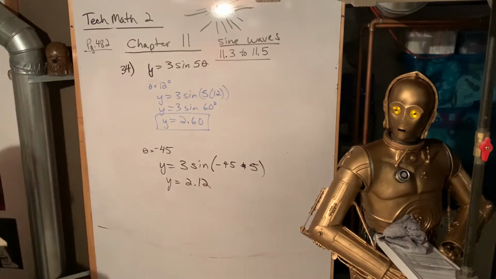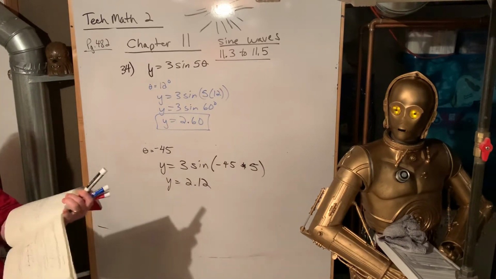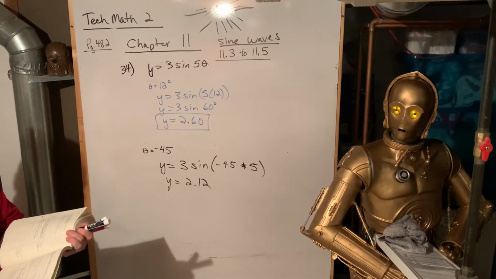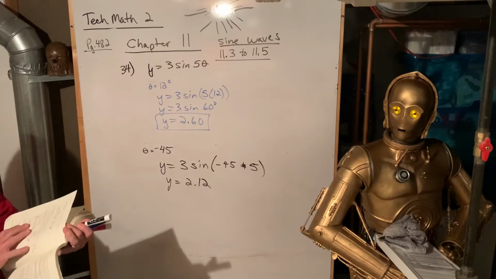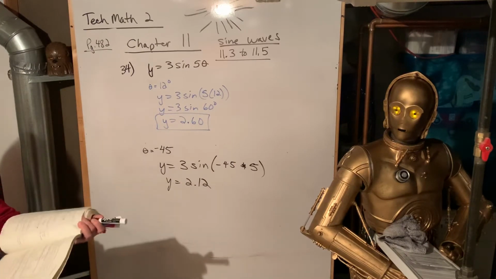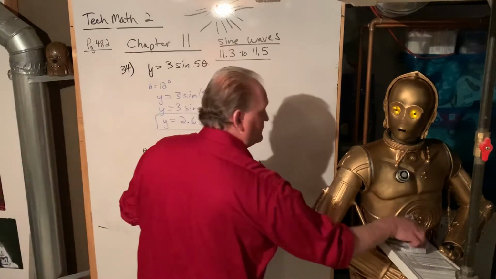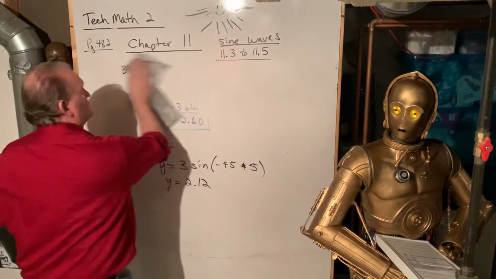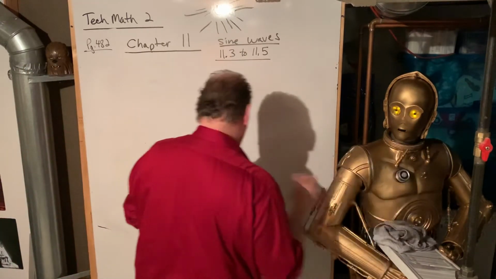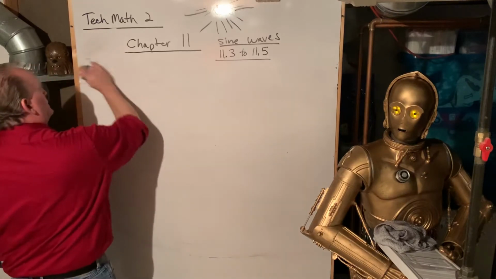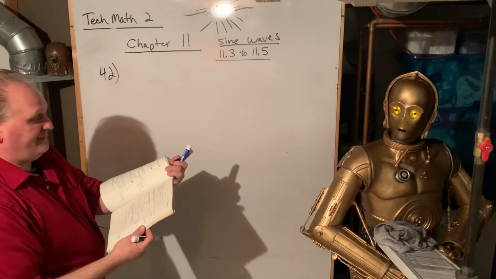All right. So let's take a look at how harmonics work then. Let's jump to 42. So number 42 is on page 493.